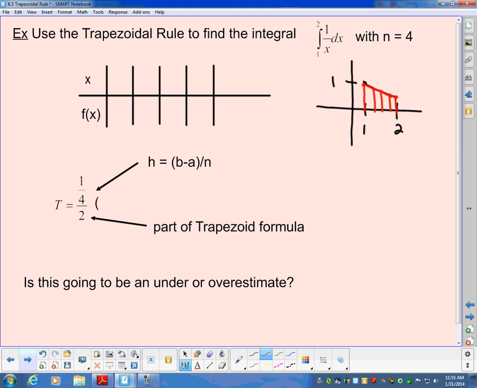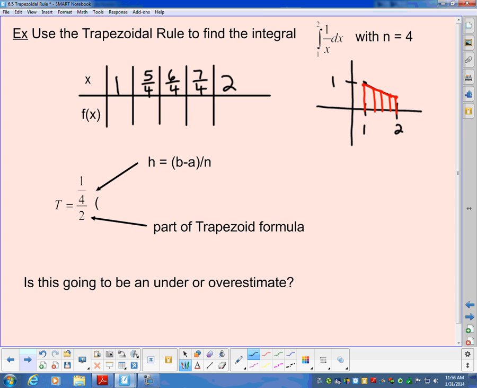So the values I'll be plugging in here in my table would be 1.25, or write it as 5/4. So we have 1, 5/4, and then 6/4, or 3/2. I'll just write it as 6/4, and then 7/4, and then 8/4, or 2.